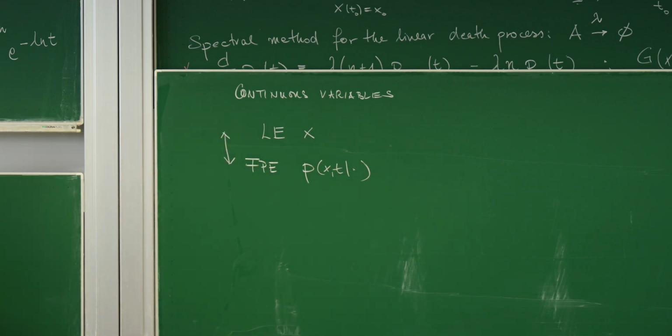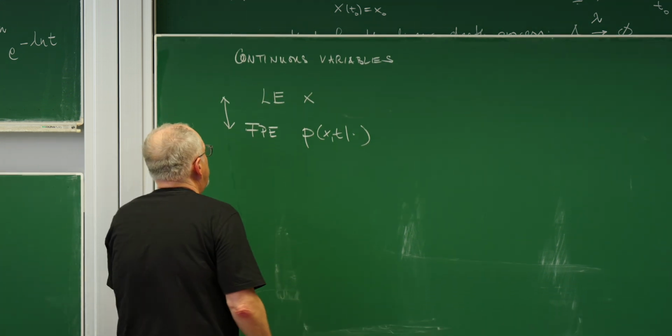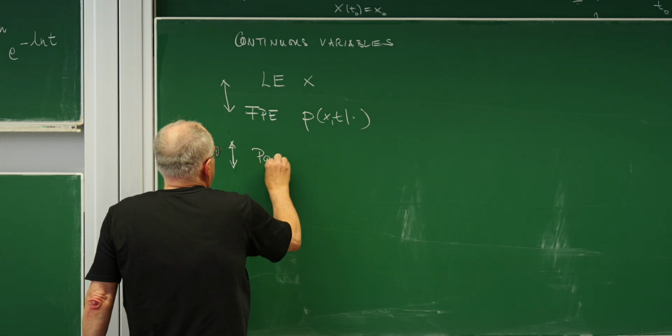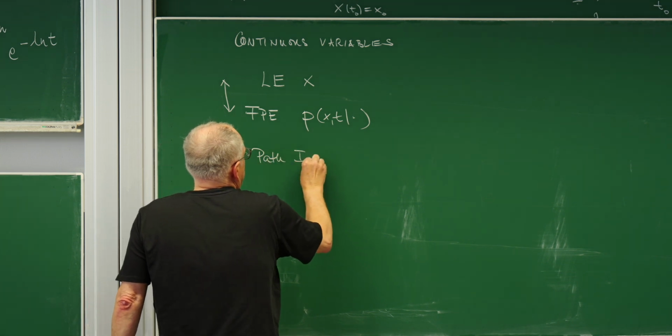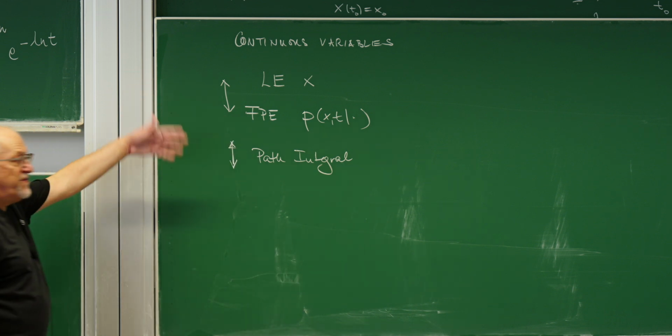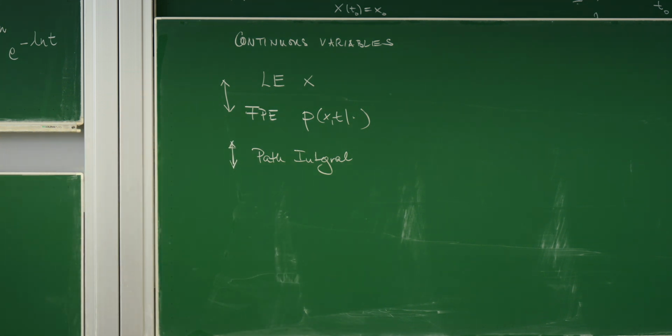Okay. And you know that this is also equivalent to a path integral. So you have all these different formulations that you can tap into when you do continuous variables.